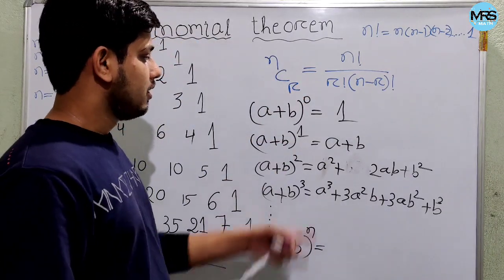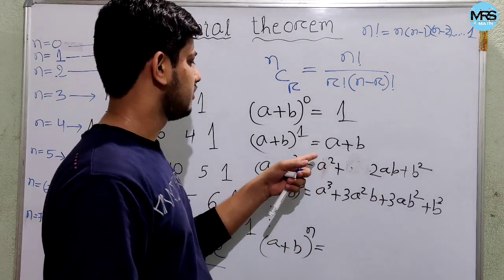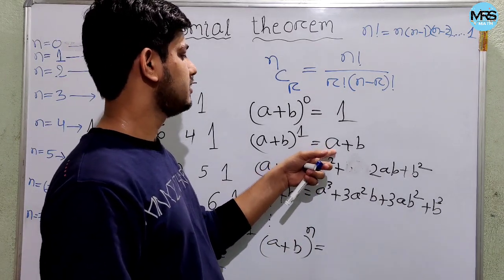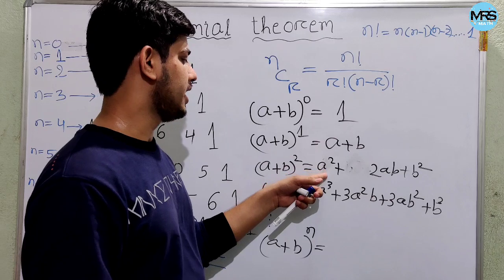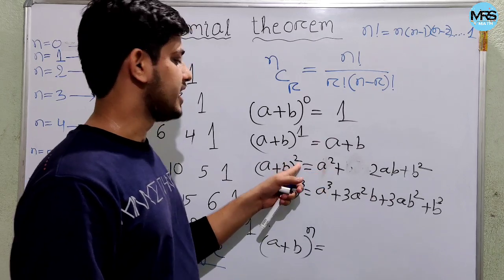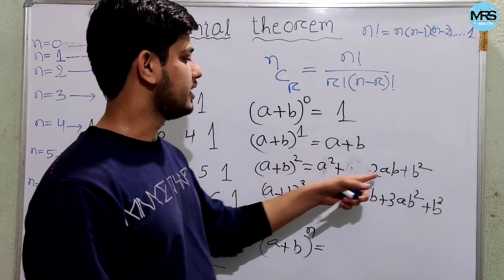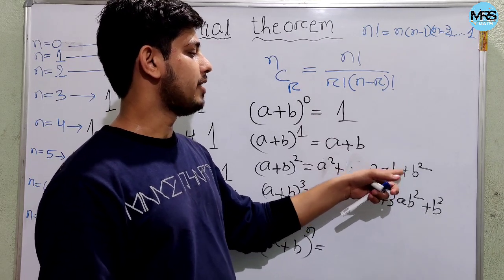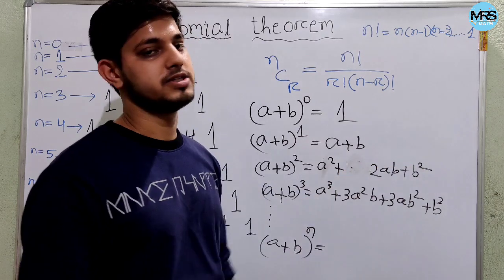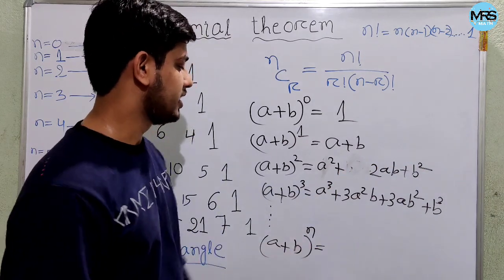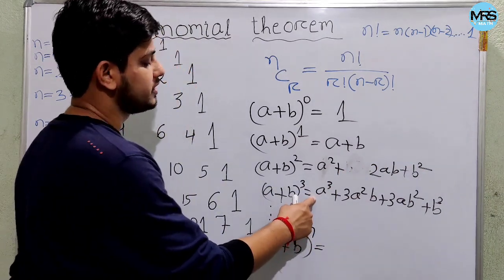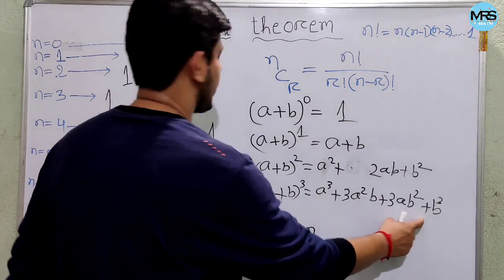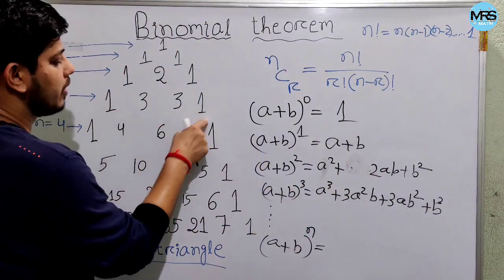And what you are marking here, that is a, b, then here a is the highest power 2, right. Then here a's power is decreasing and b's power is increasing by 1, then by 2. So if I write here also, you can see these coefficients you are getting 1, 3, 3, 1 from here, 1, 3, 3, 1.